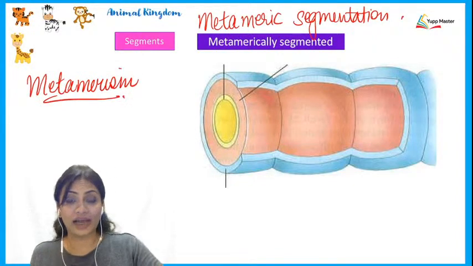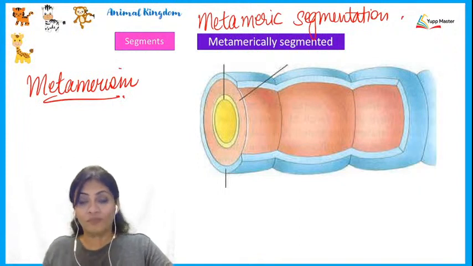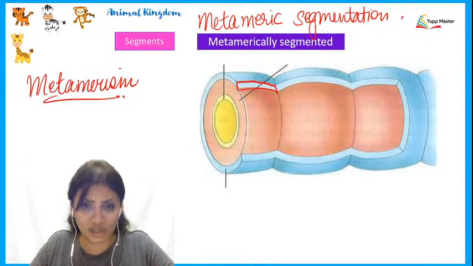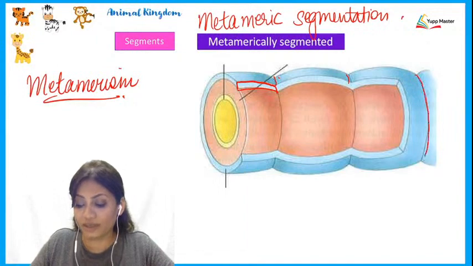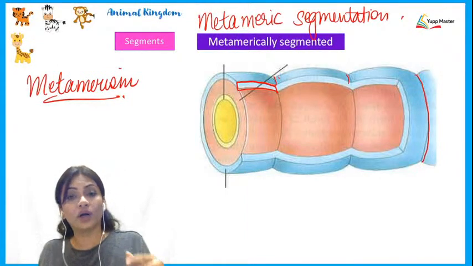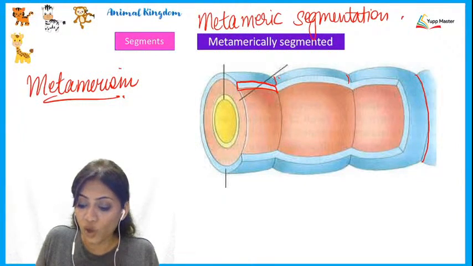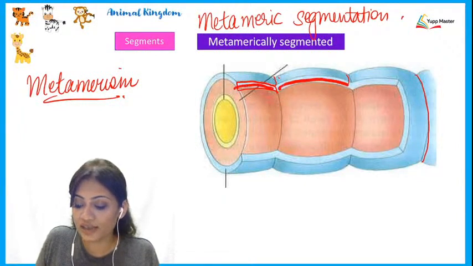Now, look at the diagram to your right. Can you see how the blue region over here is indicating the external part, and how that external part is segmented? 1, 2, 3, all these segments you can see. They have also taken a transverse section where only the external surface has been cut.